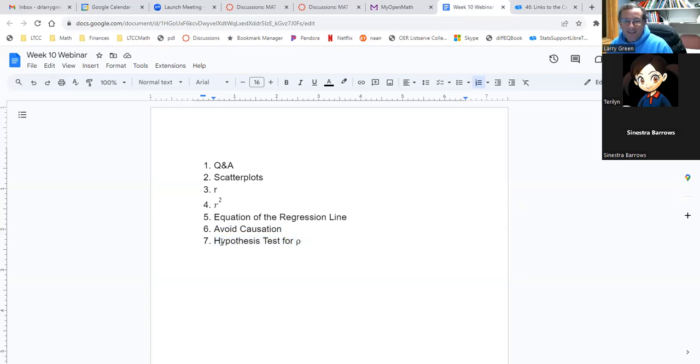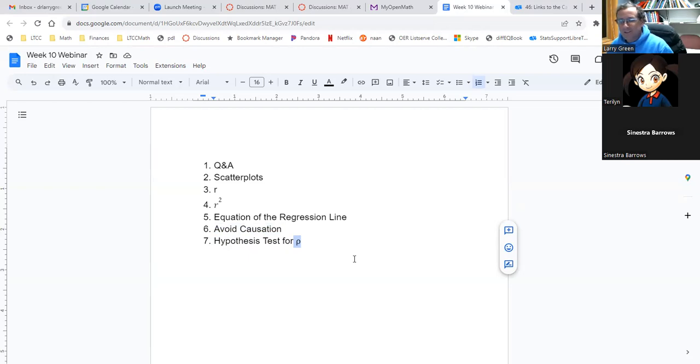Then, as I mentioned some weeks back, every week we do a hypothesis test. And it turns out we're going to do a hypothesis test. Anyone know what this letter is right here? It's a Greek letter. It's not P, by the way. Yeah, it's rho, like row your boat. Spelled RHO in English, but it's this letter in Greek math.